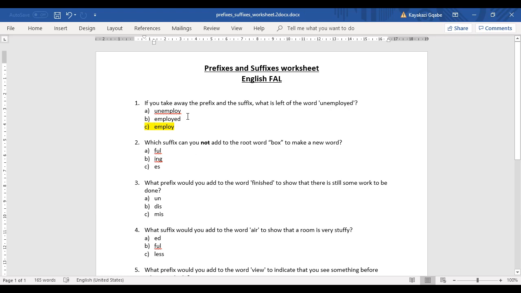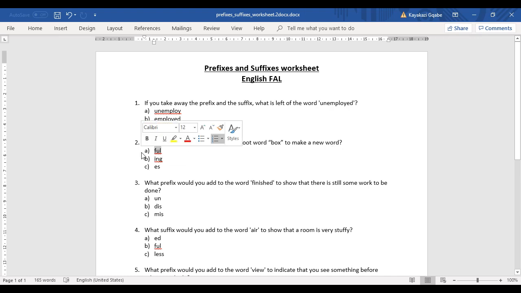And then our second question would be, which suffix can you not add to the root word box to make a new word? Okay, so you have the word box over there. Which suffix from the ones that we are given here would you not add to make a new word, okay?